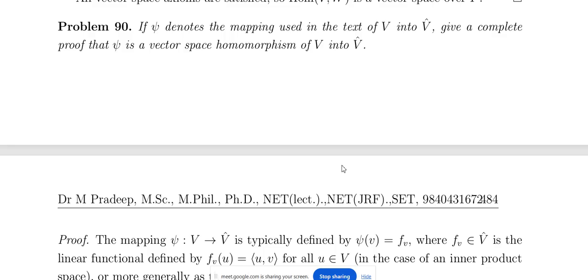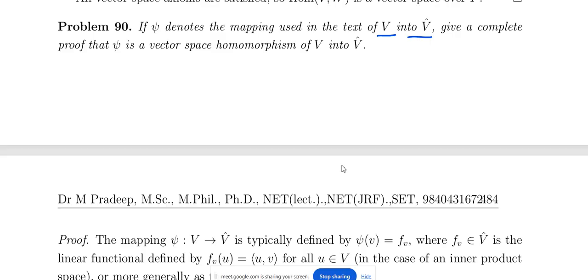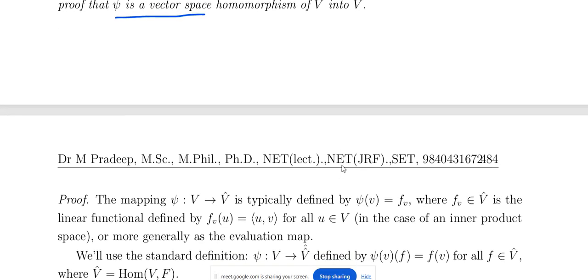And psi denotes the mapping from V into V cap. This is complete: psi is a vector space homomorphism from V into V cap. It will be easy enough to leave it.